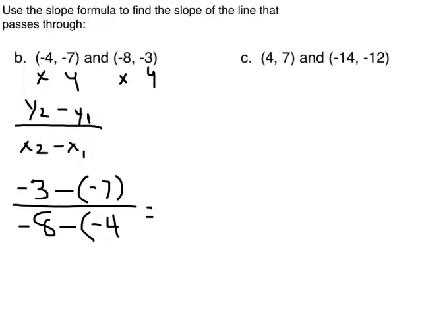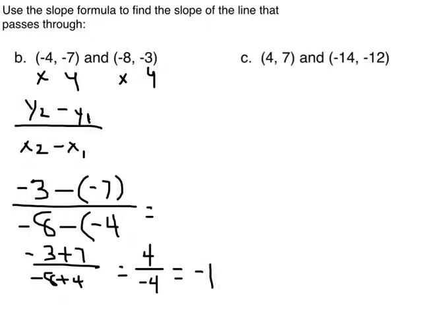So what we're really saying is -3 plus 7 over -8 plus 4, which equals 4 over -4, which would equal -1.